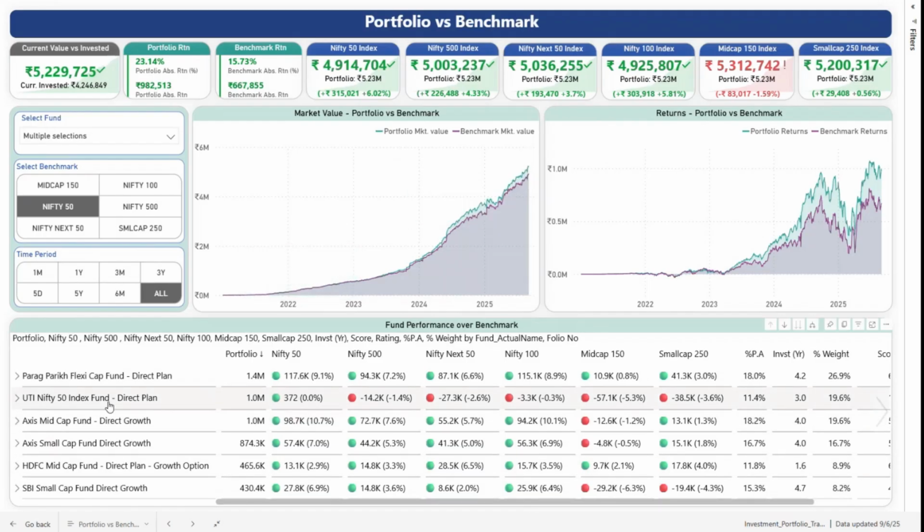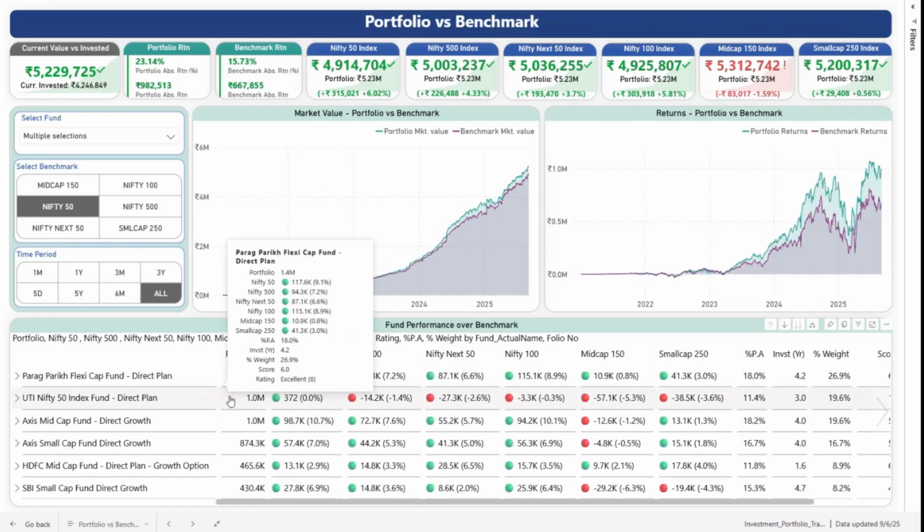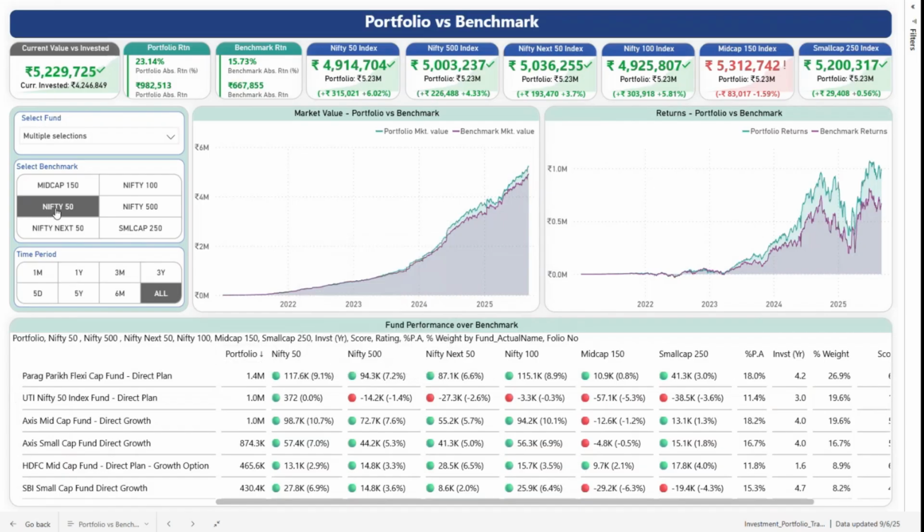Basically, we mimic the Parag Parikh Flexi Cap investments, every investment and redemption, against Nifty 50, Nifty 500, Nifty Next 50, 100, 150, and small cap. If you look at the overall picture, comparing against Nifty 50, all my funds are green.